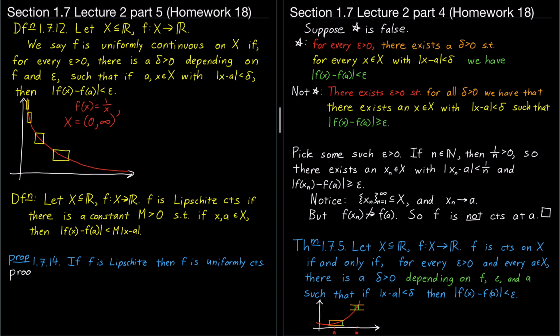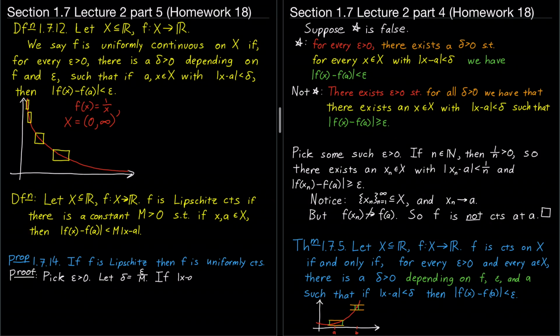And the proof of this: we're going to pick a positive number epsilon, and then we just let delta be epsilon over M. M depends on which function you're looking at, so delta depends on f, and delta has to depend on epsilon some way, but this is the best we're going to do.